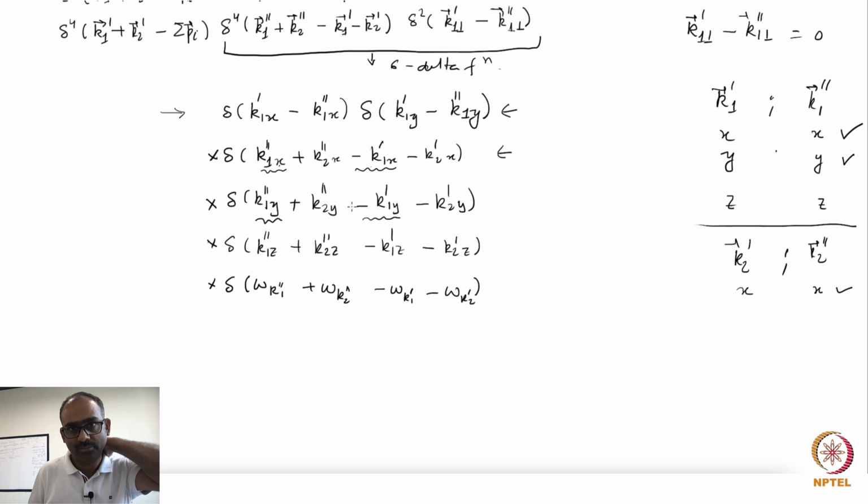Okay, and then you are left with K2 double prime y is equal to K2 prime y. So y components of K2 prime and K2 double prime also match. And again, I cannot say directly anything about the z components. I will have to think about it.